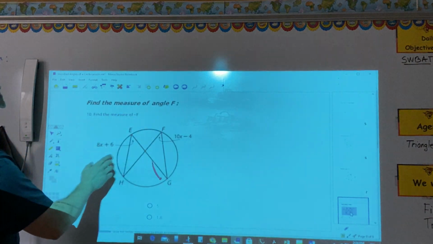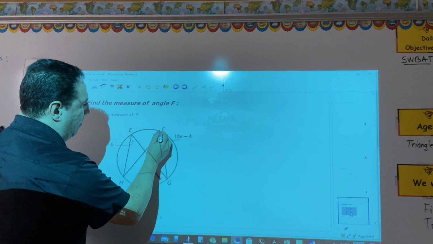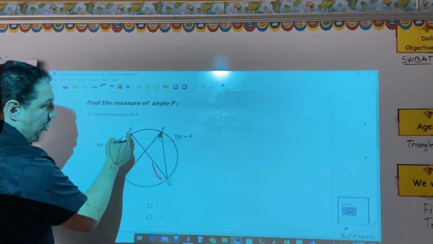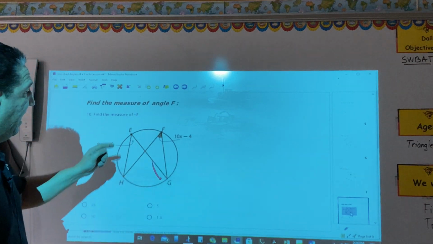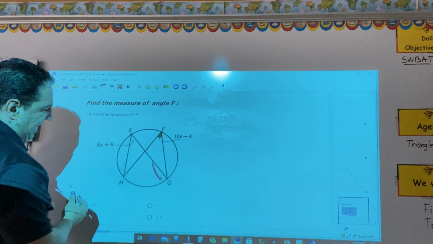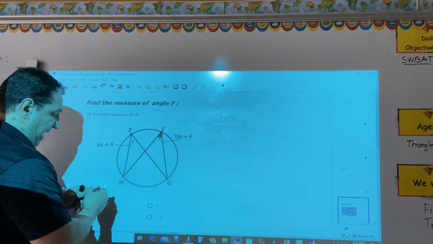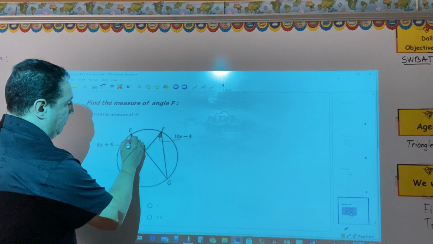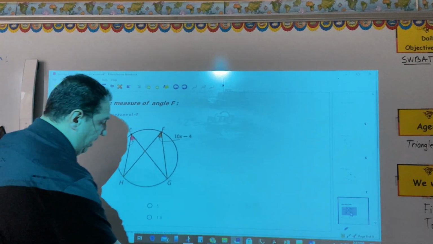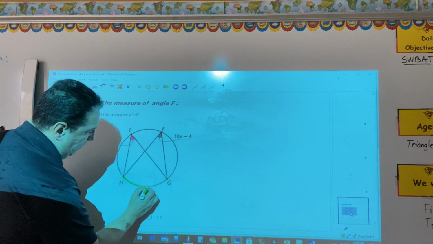Find the measure of angle F. We need the measure of angle F. In this case, we have two inscribed angles, because the vertices of these angles are on the circle. As we can see, both of these inscribed angles intercept the same arc, this one.